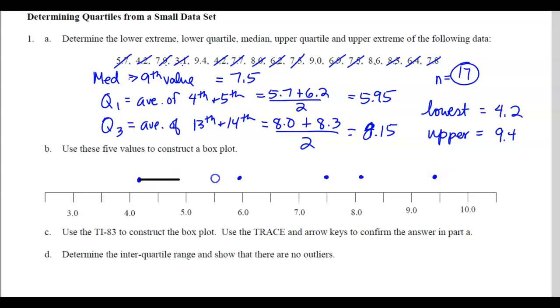So there's one whisker, then make the box. Whisker.